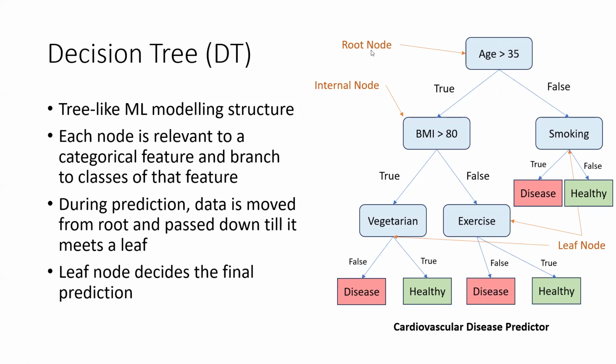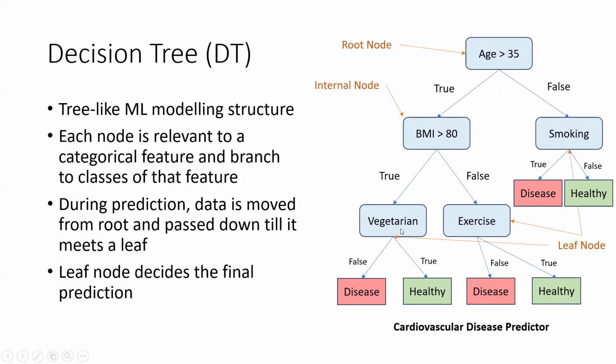Uprooted means the root is at the top and the leaf nodes are at the bottom, right? In this case, these are the nodes of the tree. Right? These variables are relevant to the nodes. The topmost node is known as the root node.